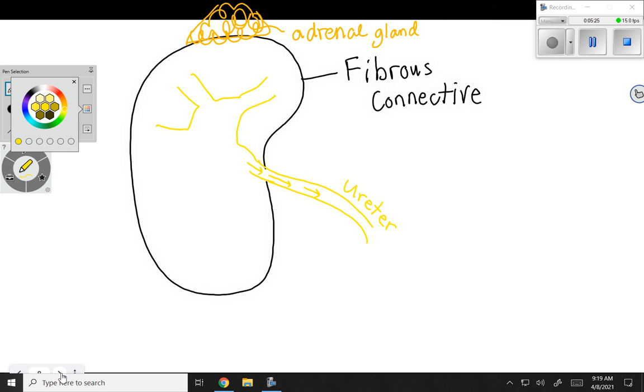That is where they collect the urine, and then they dump it into the pelvis. Let's draw one where it actually branches a little bit right there. So I will relabel this pelvis, and this tube right here is a calyx. Calyx.